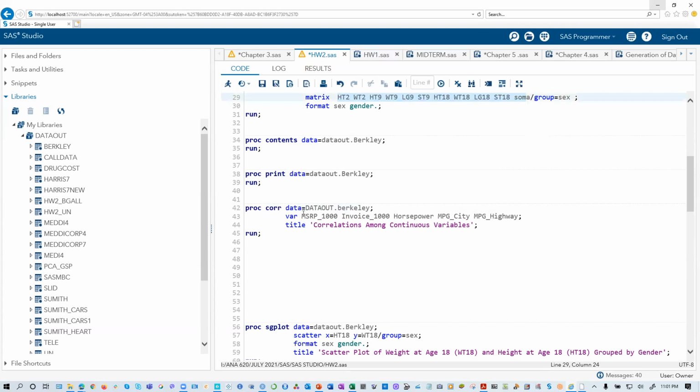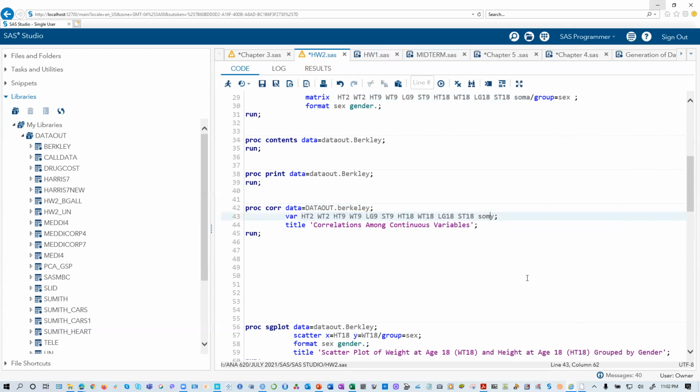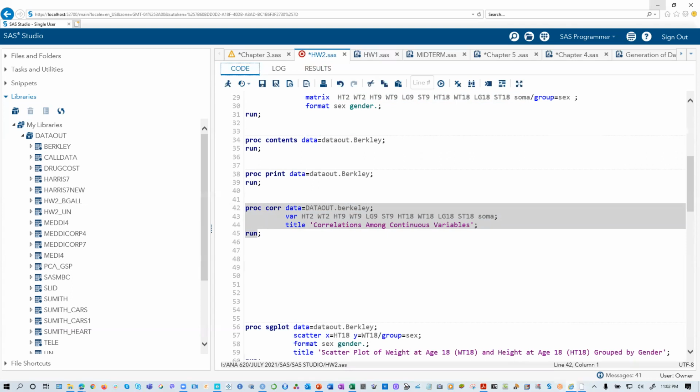This one MSRP. This one, correlation, continuous variable. Okay. Why? Let me see what happened. Okay, I know. Hold on. That's the data set.